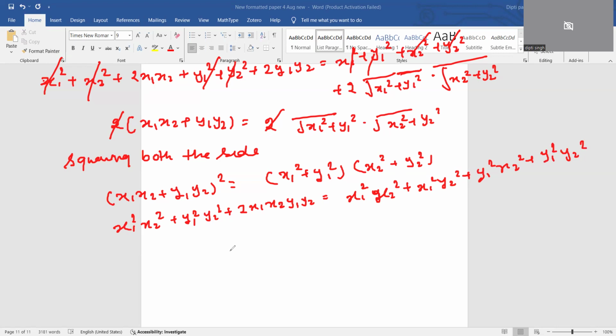So 2x1 x2 y1 y2 will be x1 square y2 square plus x2 square y1 square.